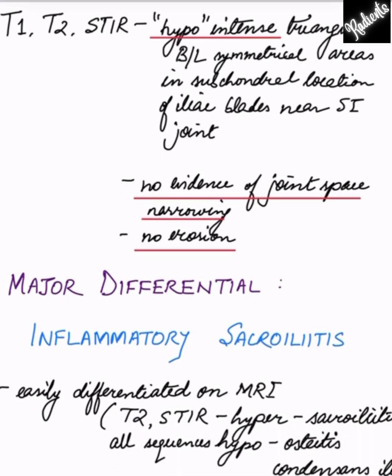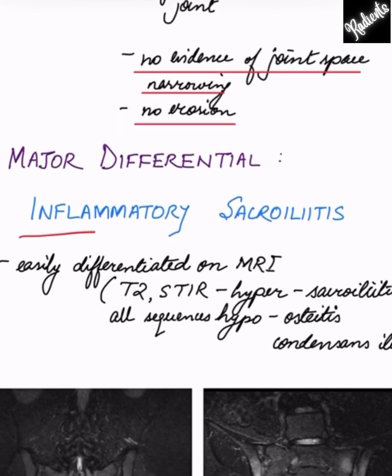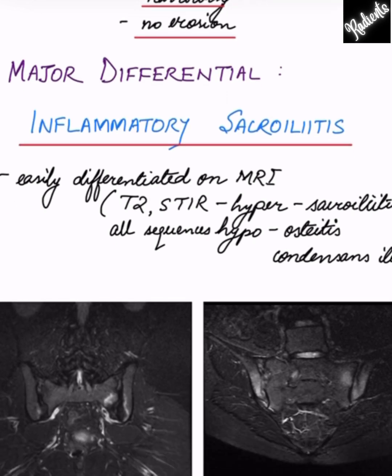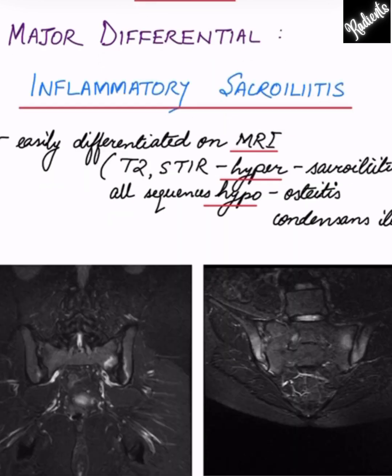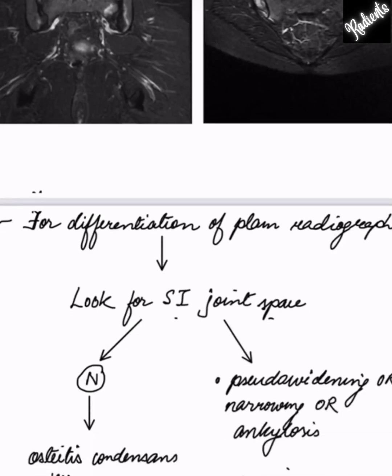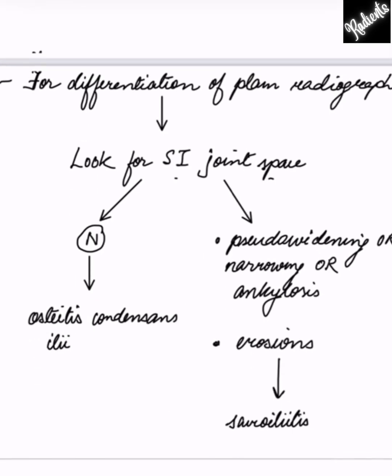The closest or major differential is inflammatory sacroiliitis, which is easily differentiated on MRI. If on T2 and STIR images there is hyperintensity, then there is inflammation and edema, and you are dealing with sacroiliitis. And if it is hypointense on all sequences, then you are dealing with Osteitis condensans ilii. For differentiation on plain radiograph, this is what you need to know.